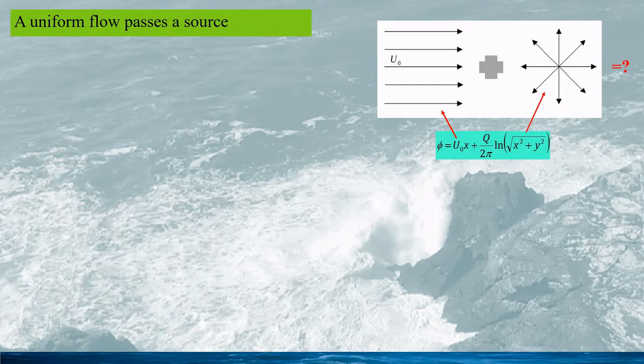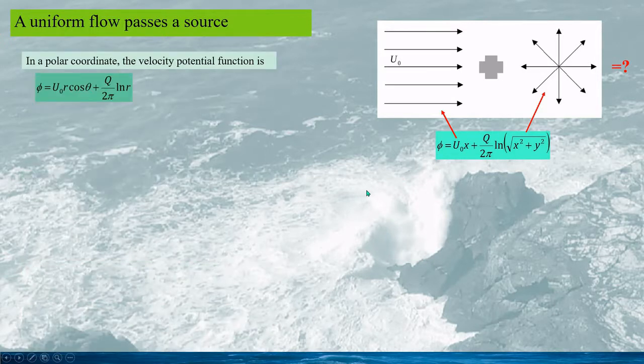The overall velocity potential function is simply given by the superimposition of the velocity potential functions of the uniform flow and the flow from the source as this. In polar coordinates, the potential function can be written as this, and we can check the velocity potential function satisfies the Laplace equation.